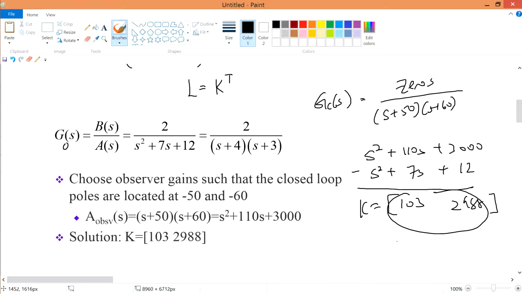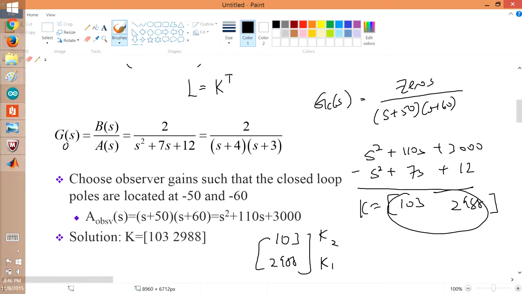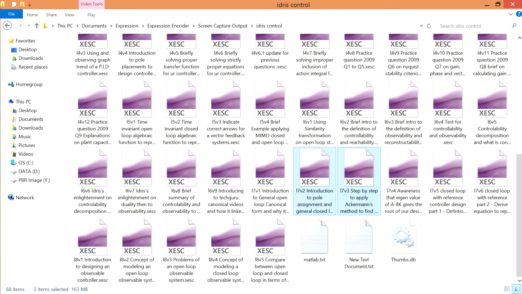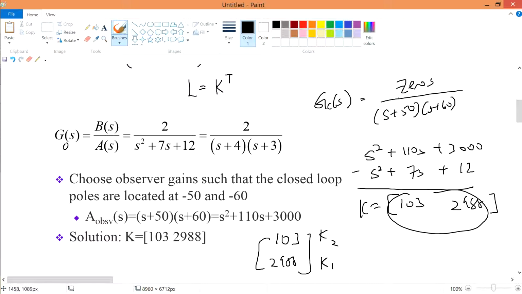Previously, at the first part of the video, we said that L is equal to K transpose. So we can transpose this as 103 and 2988. That's why I suggest you watch back these three videos in the playlist if you forgot; you should then have a fair understanding of what I'm talking about.